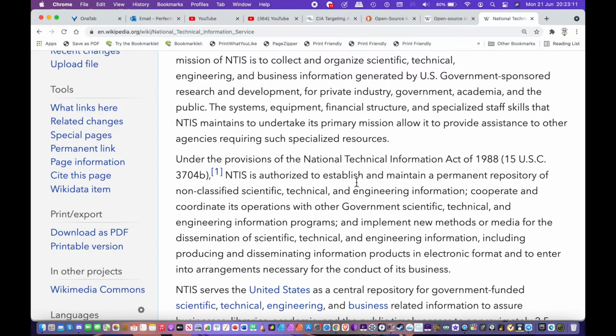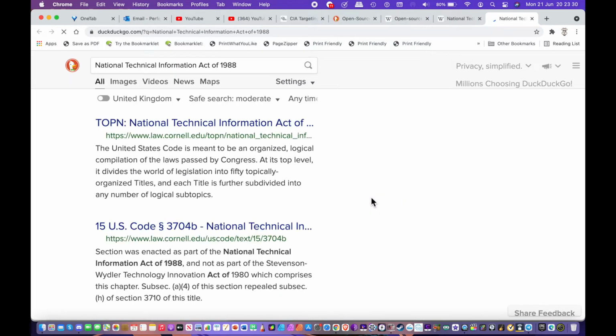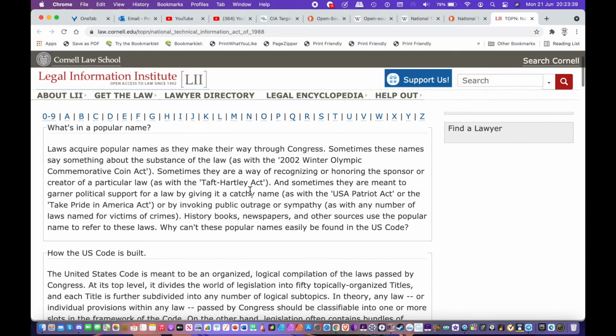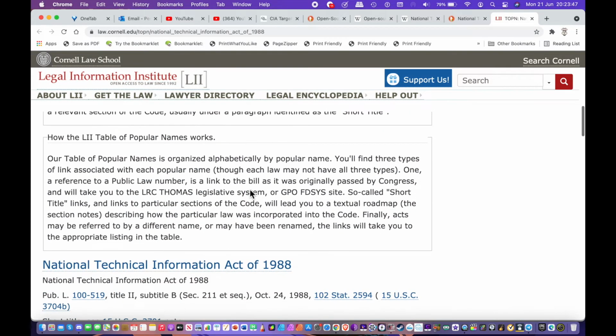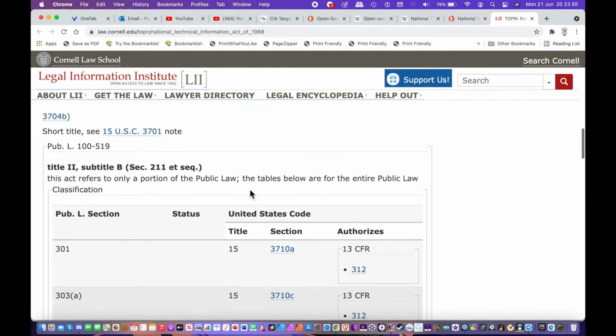Under the provision of the National Technical Information Act of 1988, 15 USC. Laws acquire popular names as a... Oh, okay, here it is.